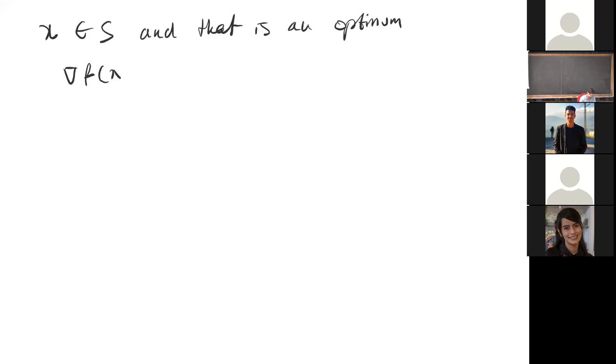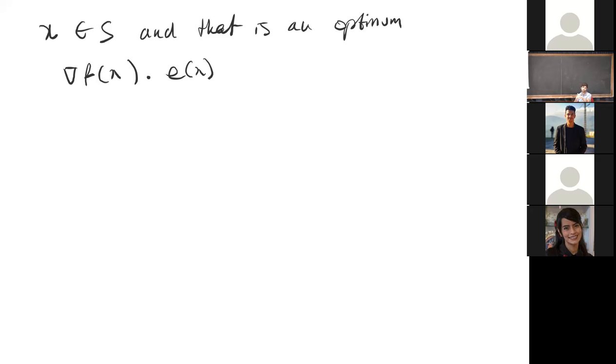Okay, so in addition to living on this surface, we need that if we are at a maximum or a minimum, but let's take a maximum, if we continue to move in a tangent direction of this surface, we need the variation of the function to be 0. So for any point x that belongs to this surface and that is an optimum, you need that the directional derivative, which means the projection of the gradient along this tangent direction, we're looking at the variation of this function f, but along this surface.